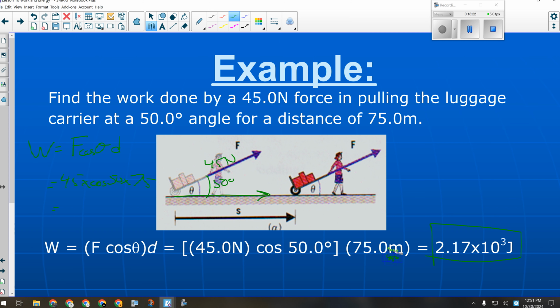According to that, she still did work, even though its kinetic energy doesn't change. She doesn't change its potential, she doesn't change its kinetic, but she does 2.17 times 10 to the 3 joules of work. How is that possible?